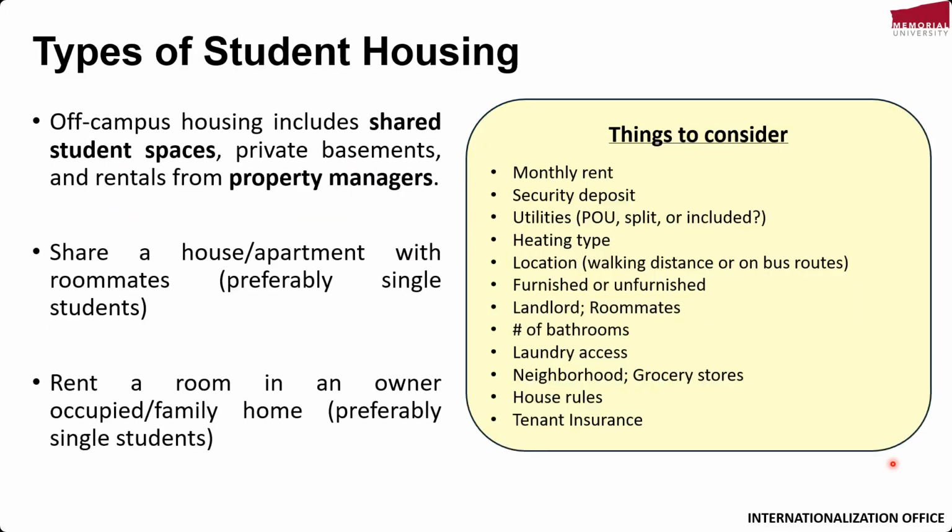Okay. So this is the important slide because now I'm talking about long-term housing options, and this slide is basically more towards single or individual students, but it can work for families as well because some points are mutual. So there are a few common types of off-campus housing.